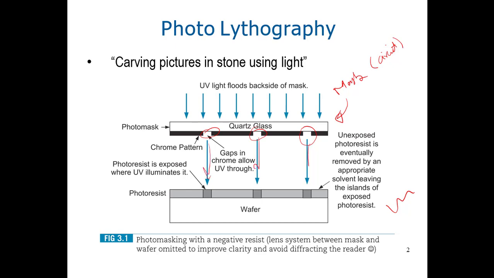After passing, the light hits the silicon wafer. It is like printing: you put the paper in and you print things. You put the silicon wafer, you have the mask, and you pass light over the mask, and the circuit is translated onto the wafer.